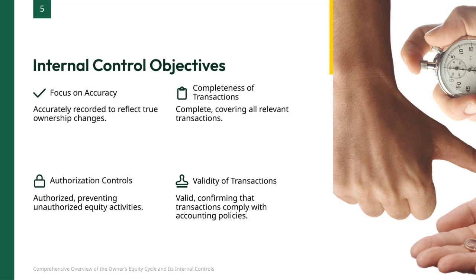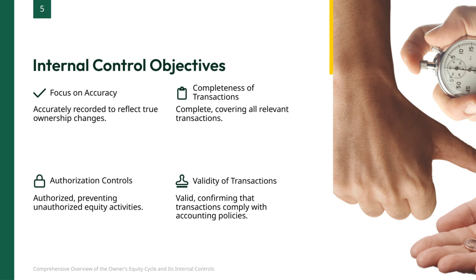When we talk about internal control objectives, there are 4 key areas we need to focus on. First is accuracy. It's crucial that all equity transactions are recorded correctly to truly reflect any changes in ownership. This ensures the financial records are reliable. Next, completeness means that every relevant transaction is captured, nothing should be left out, so the records present a full picture.